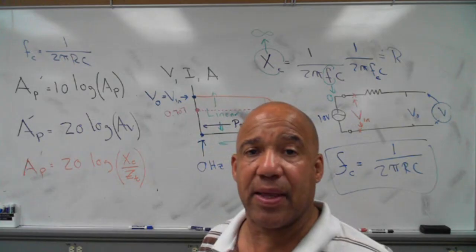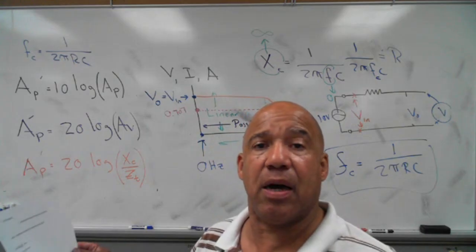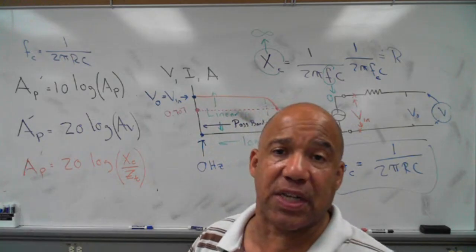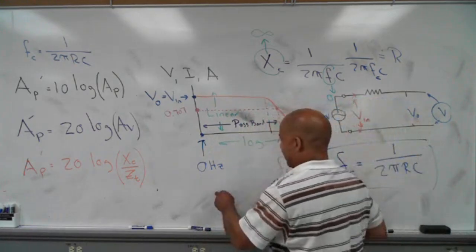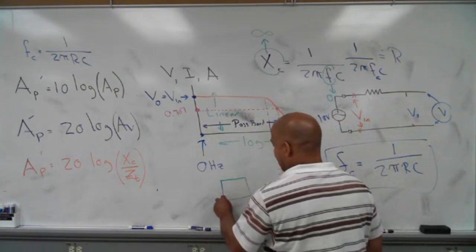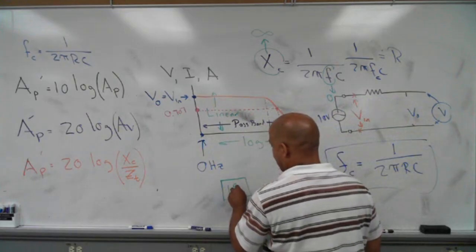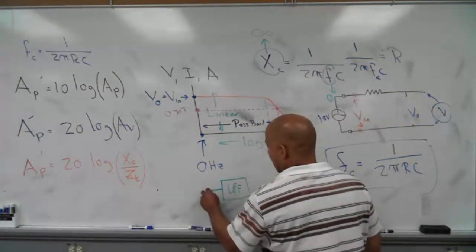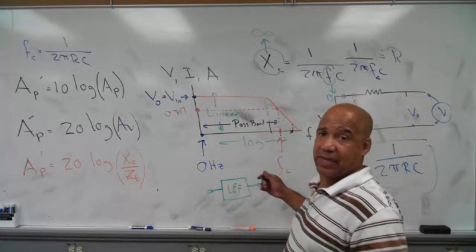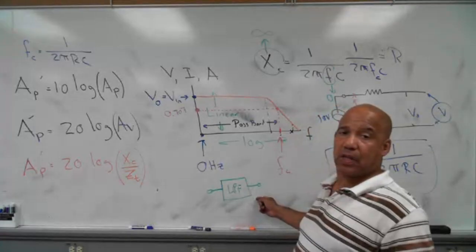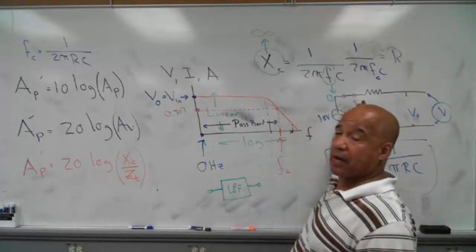Now think about that. The reason is, if I have a filter, say a low pass filter, remember, if I have an active filter, I add an amplifier to it, so that gives me gain. But these filters are lossy because I have a resistor in there.